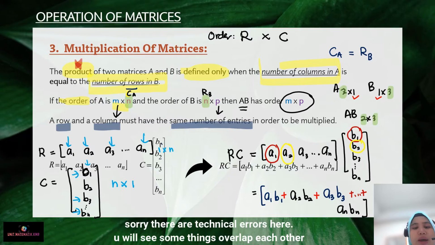So if you have to multiply the matrices, the column count of the first matrix must be equal to the row count of the second matrix. It's confusing because we use matrix C there. I hope you understand that.